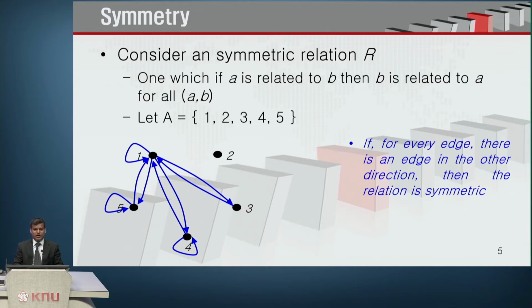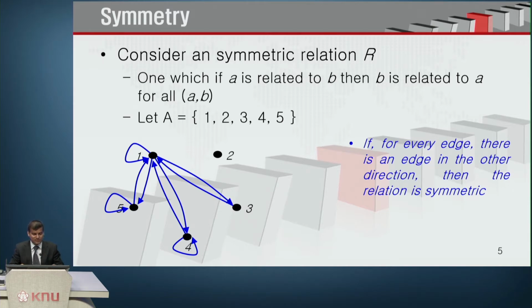So if for every edge there is an edge in the other direction, then the relation is symmetric. Whenever you have an edge or an arrow that goes from one node to another node, you should have an arrow coming back to the first node.